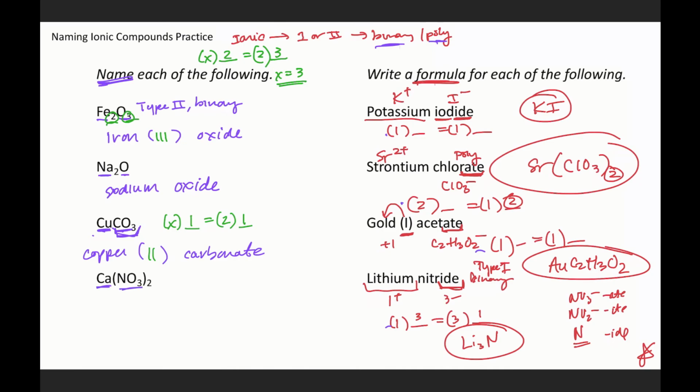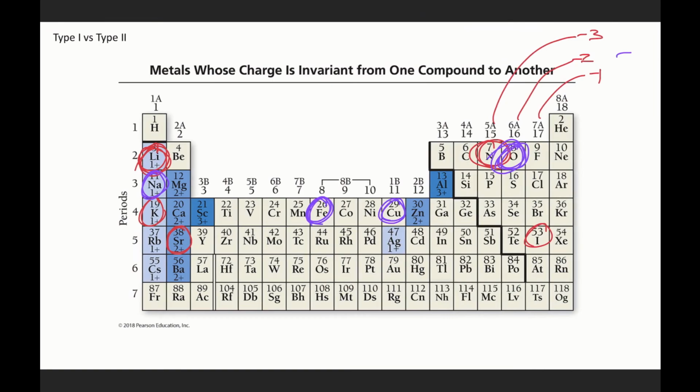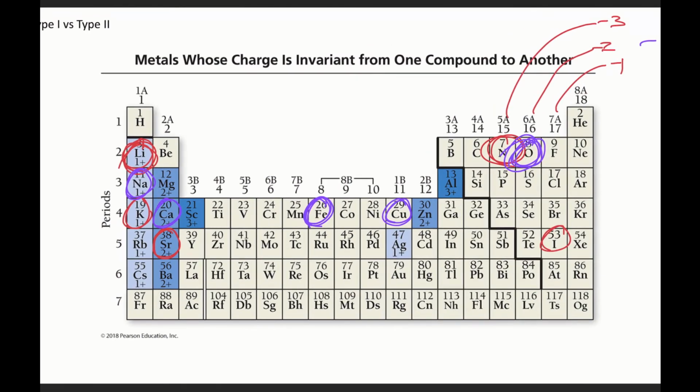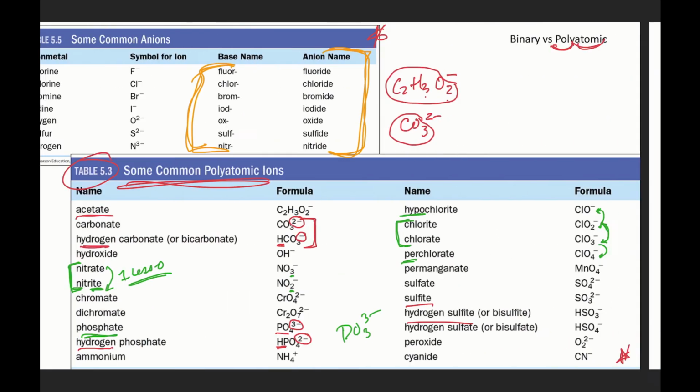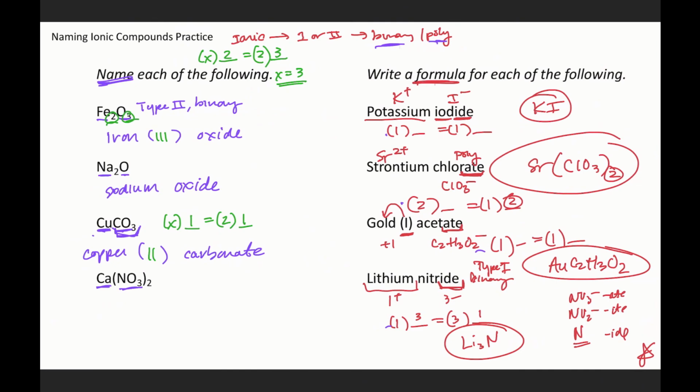Finally, we have calcium. So let's go find calcium. Calcium is right here, so it's a type 1. So we will use full name and full name. Does that make sense?